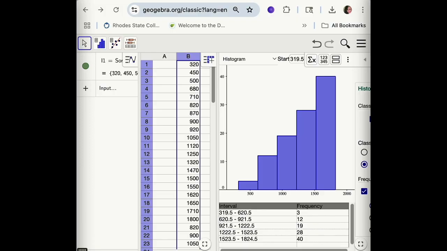And then one last thing to bring up is that for a histogram, we're specifically using quantitative data. And GeoGebra, you can use it as a tool to check your work, but it's not going to truly help you unless you understand what you're looking at. So make sure you understand it and don't just plug in the values.